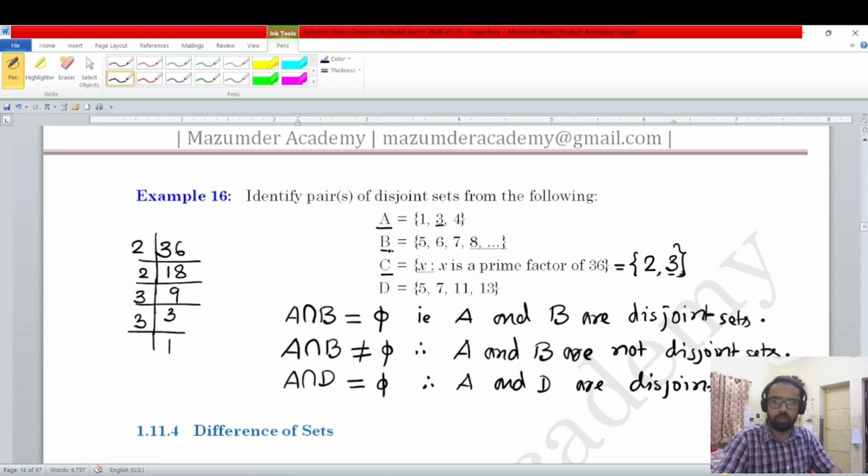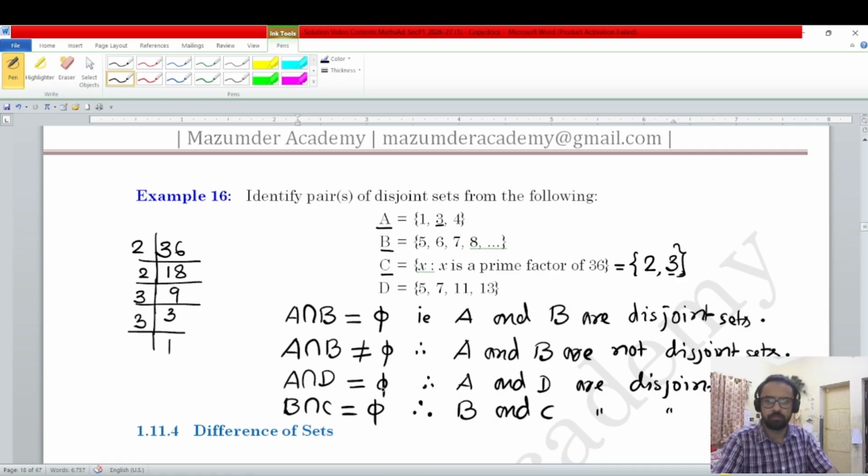Next come to B. B with C, there is no common element, therefore B intersection C equals phi, therefore B and C are disjoint sets.